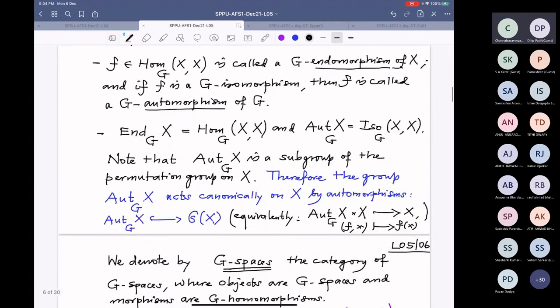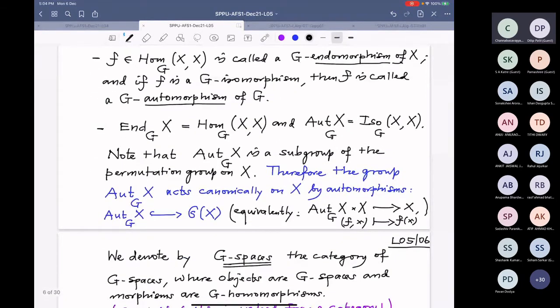And note that the automorphisms of a G space X are, by definition, bijective, so they are actually permutations on X. And not only that, Aut(X) is a group, and it is actually a subgroup of the permutation group.